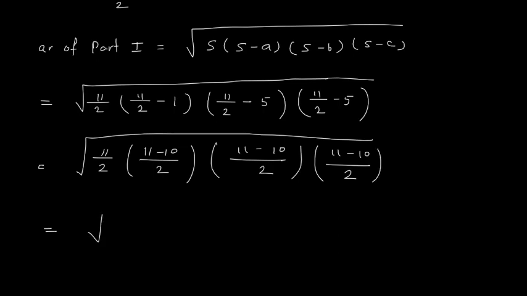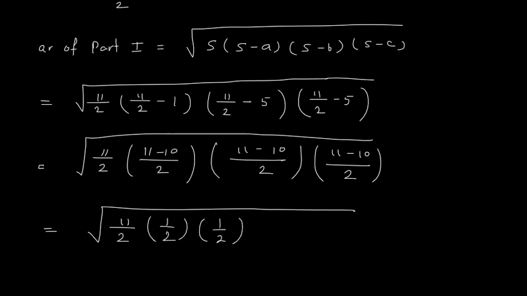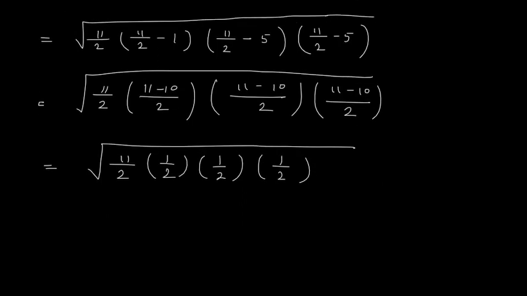So this will be equal to 11 upon 2 into 1 upon 2, 1 upon 2 and 1 upon 2. So this will be equal to 1 upon 4 I will take out, and inside I have root 11. This denominator 2 into 2, I will take as 1 upon 2 out, and then 1 upon 2 I will take out. So 1 upon 4 will be taken out. This is area of part 1. Okay.